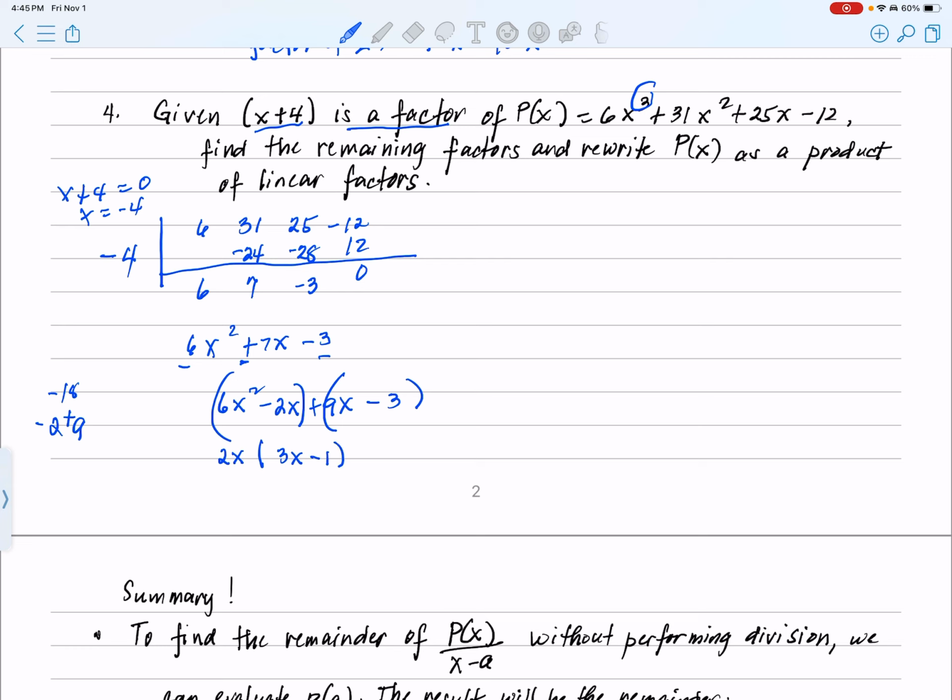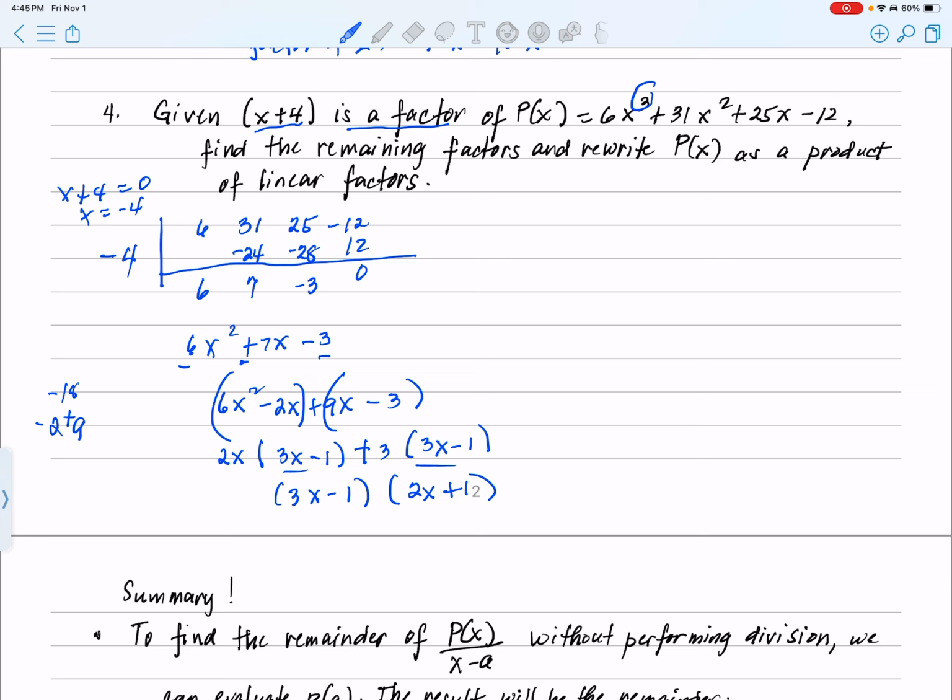And the common factor in 9x minus 3 is 3. Then 9x divided by 3 is 3x, and negative 3 divided by 3 is negative 1, giving 3x minus 1. We come up with a common factor of 3x minus 1, and the remaining coefficients we put together as one factor.